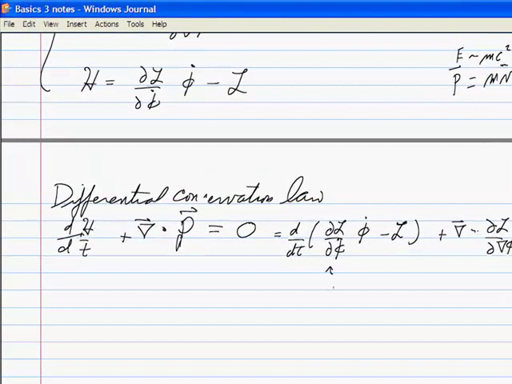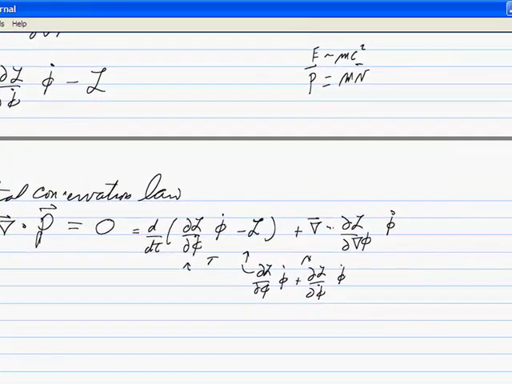You act on these two terms here, and you collect terms, and this guy gets expanded as dL d phi dot plus dL d phi dot phi double dot, etc. You just combine terms and it all adds up to 0.